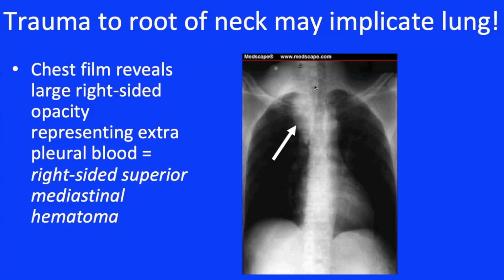Hence, any stabbing injury to the root of the neck may result in damage to the pleura, resulting in a life-threatening situation. Here, for example, is a chest film revealing a large right-sided opacity representing extrapleural blood, consistent with the right-sided superior mediastinal hematoma, a result of a stabbing injury.